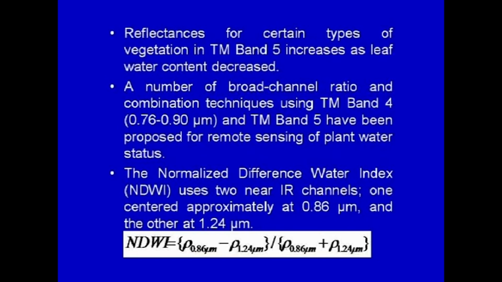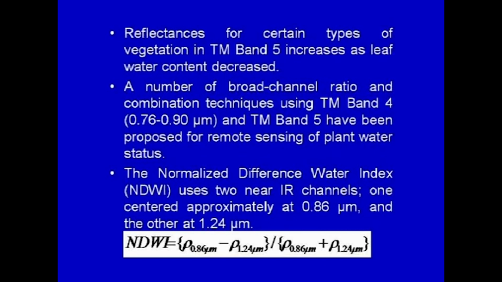A number of broad channel ratios and combination techniques using TM band 4, that is between 0.76 and 0.9 micrometers, and TM band 5, have been proposed for remote sensing of plant water status.